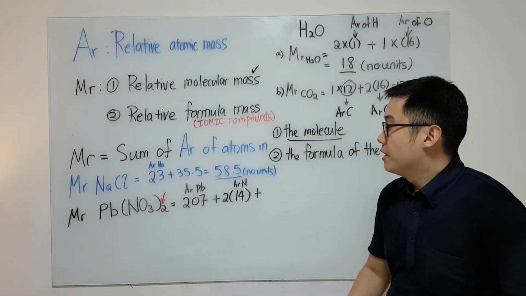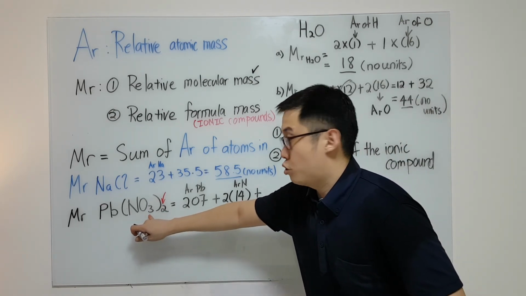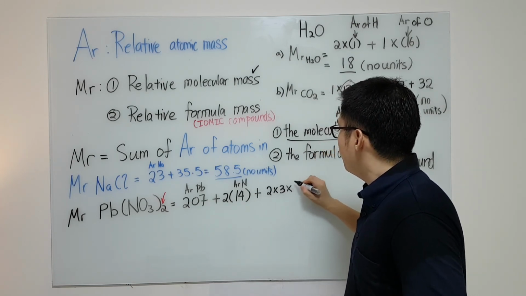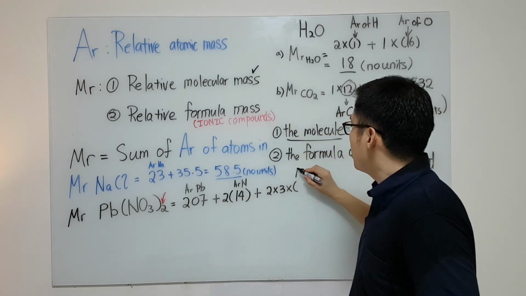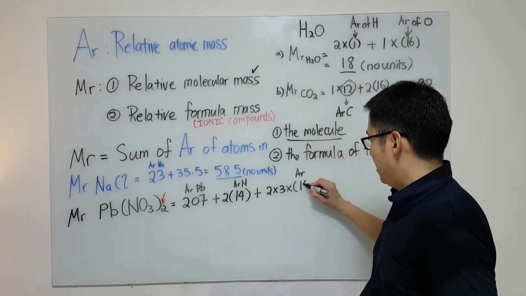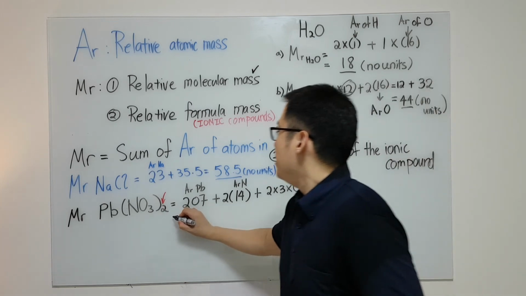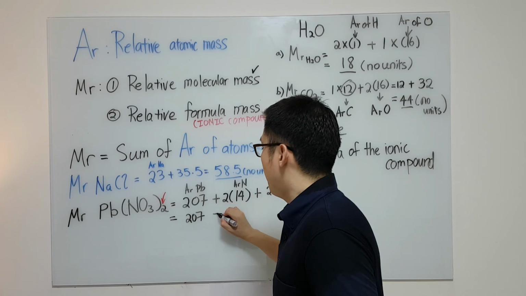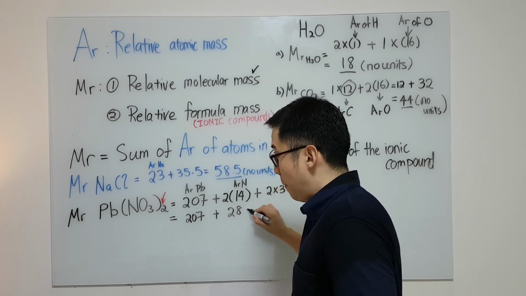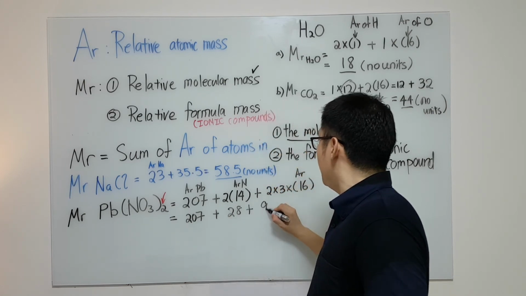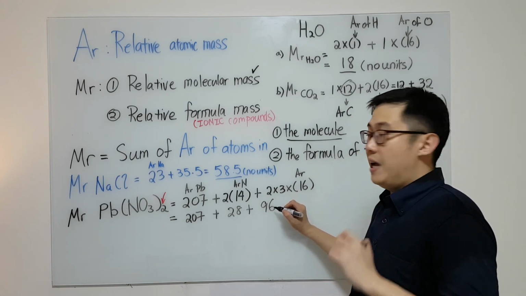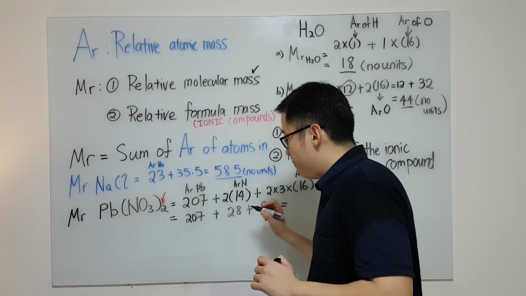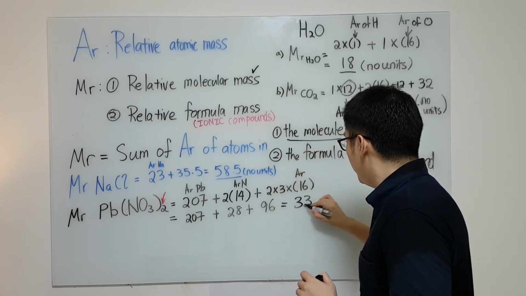Now, oxygen, you need to actually take 2 times 3, so it's actually 2 times 3 times the relative atomic mass of the oxygen, which is 16. Once you do the maths, you will find that this adds up to be 207 plus 28 plus 96, and this will give you a grand total of 331.